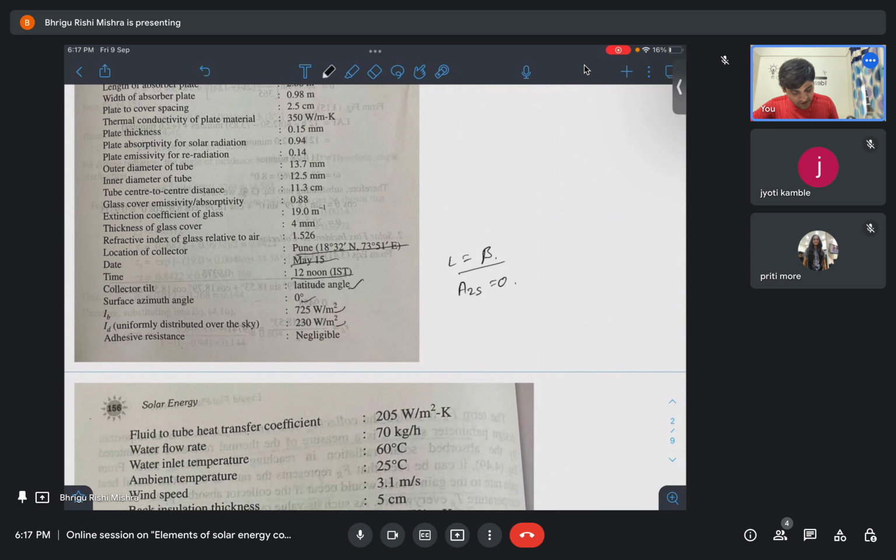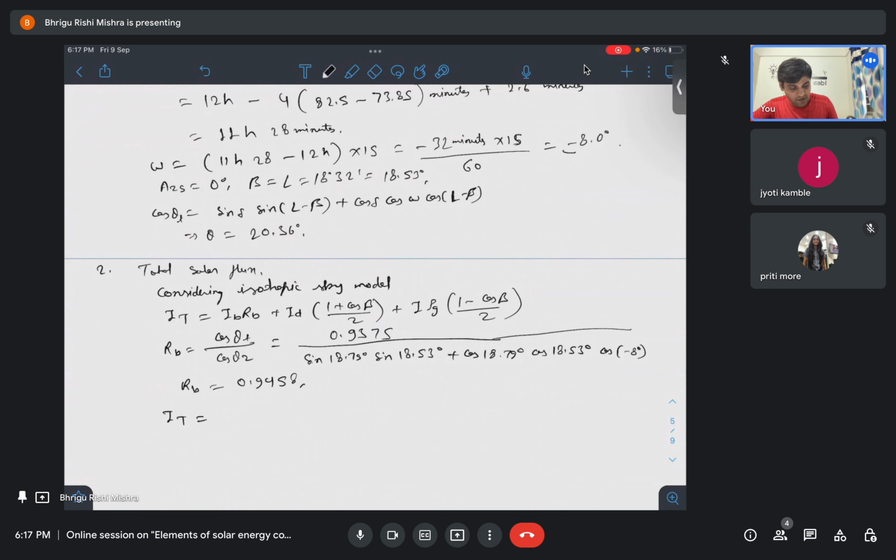If we put all the values, here I is IB plus ID. Beta is also given, so we can easily calculate (1 plus cos beta)/2 and (1 minus cos beta)/2. This way we get IT, which is 914.7 watt per meter square.